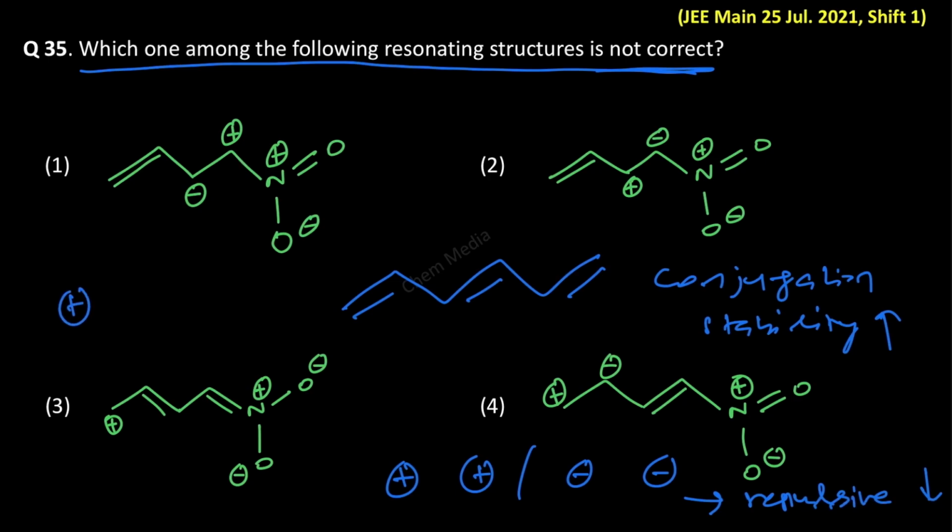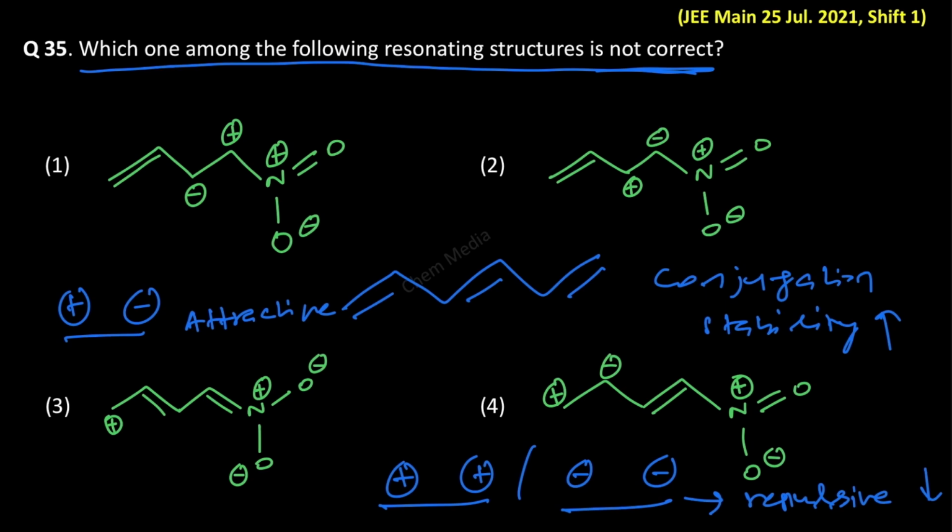Having positive and negative charges close to each other is okay. That is attractive. But having similar charges, either positive positive or negative negative, that creates a repulsive field. That will not improve the stability of the molecule.